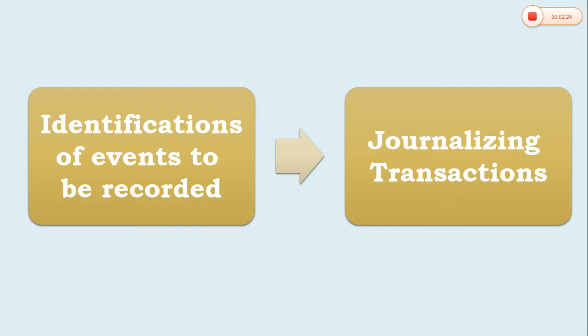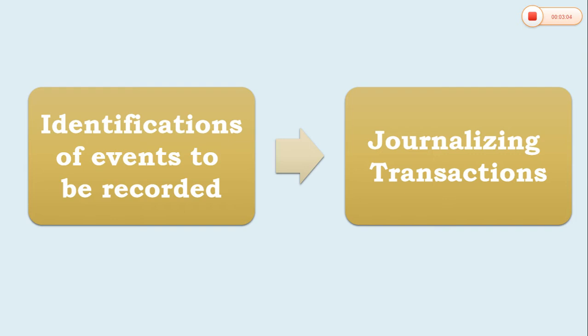Okay? So let's try to recall that the first step in the accounting cycle is identification of events to be recorded, and it will be followed by journalizing transactions. Now for step 1, I would like to remind you that not all business activities are considered financial in nature. For example, the business hires new employees, the business is looking for new employees, but such activity cannot be considered financial in nature because nothing happened to the finances of the business.